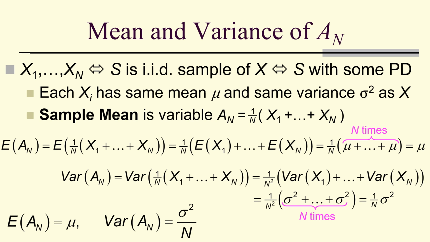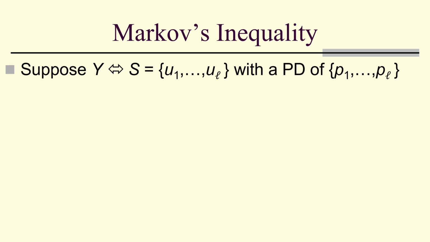So one more item, let's look at Markov's inequality. Suppose we have y associated with S, with a probability distribution of P1 to PL, where there's L elements in S. The expected value of y squared is the sum, y equals 1 to L, of u sub y squared P of y.